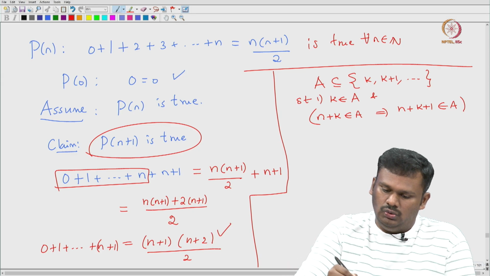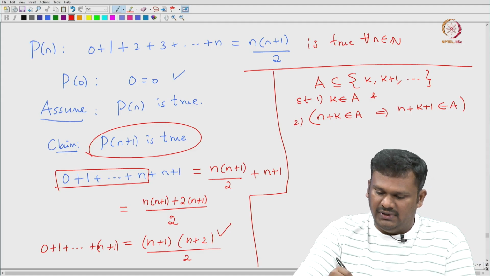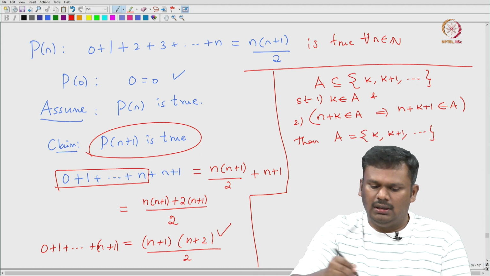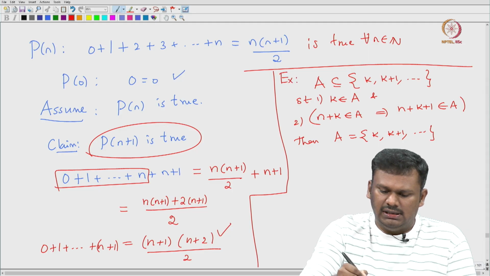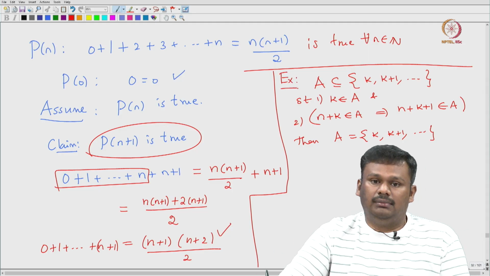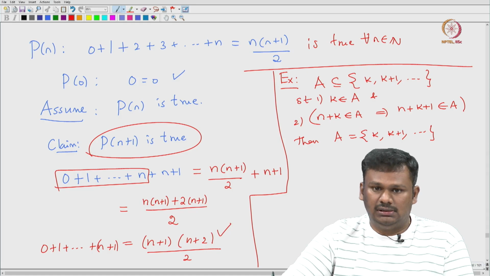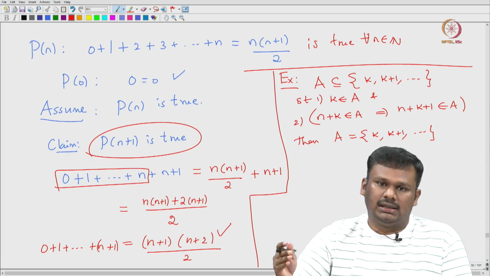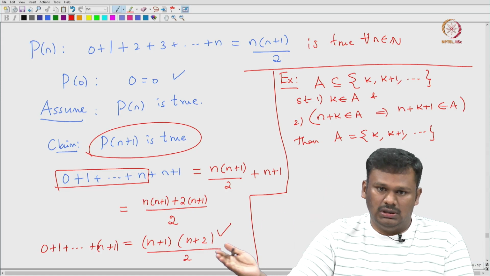So, these two things are satisfied. Then one can easily conclude that A is exactly equal to k, k plus 1, etcetera. Okay. Maybe you can take it as an exercise and use the original mathematical induction to prove this. So, that means one can start the induction at some k, there is no issue.